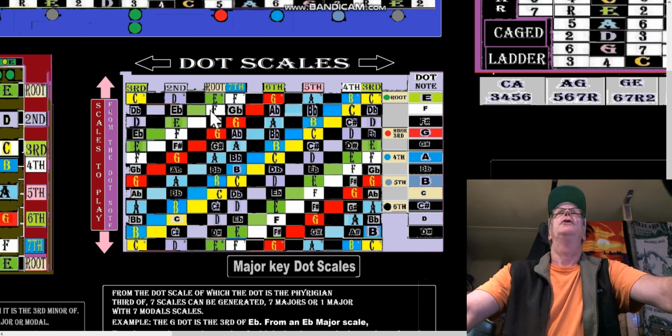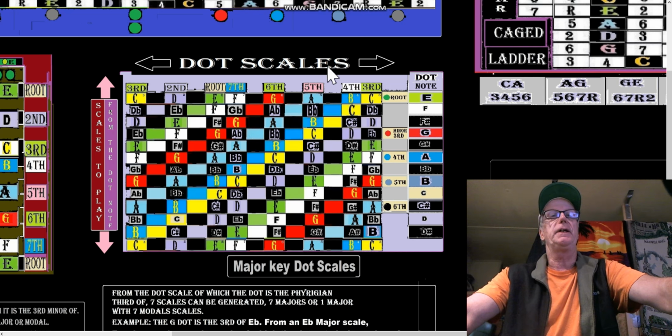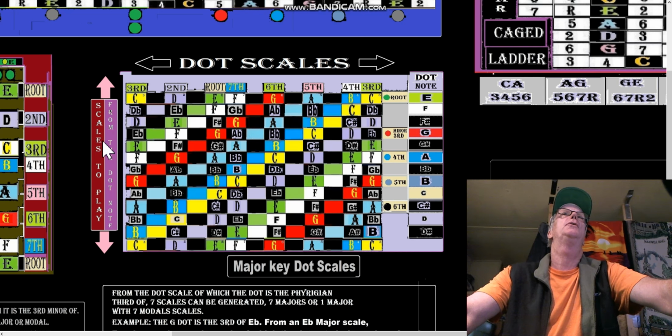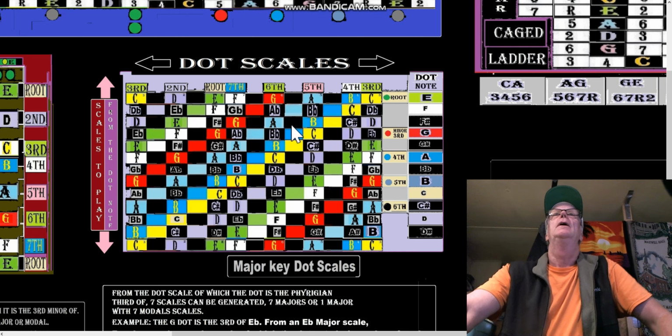So you have the G dot here. Now we're doing dot scales on the x, and scales to play from the dot note on the y-axis.